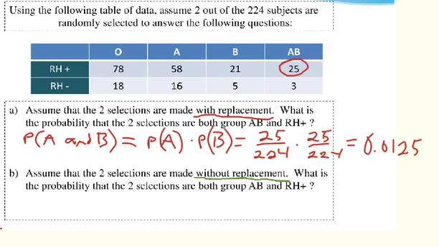Now generally that means we can't treat these as independent. So to calculate this, we have to calculate the probability that A occurs and multiply that times the probability that B occurs given that A has already occurred.